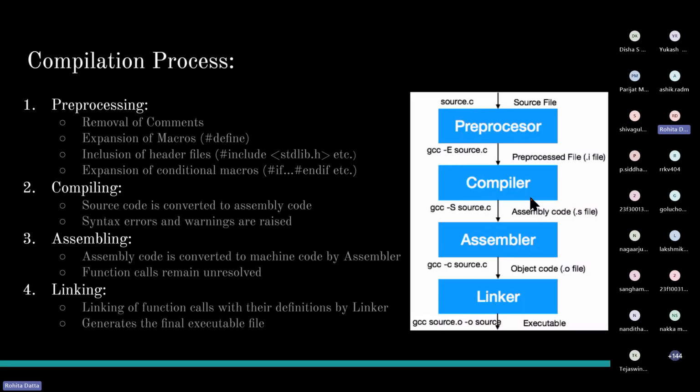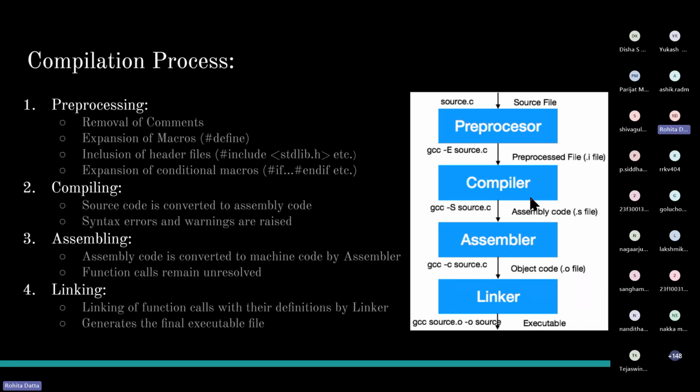Apart from that, pre-processing also includes conditional macros. Basically, with #if and #ifdef, you can check if something has been defined, and then you can set options where the program won't be compiled if those things aren't defined.